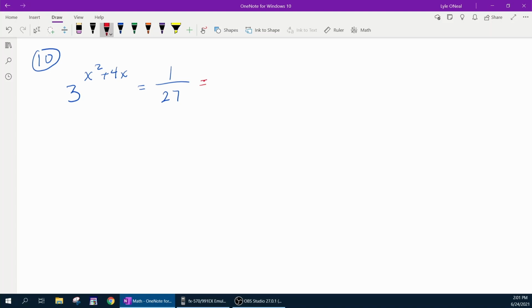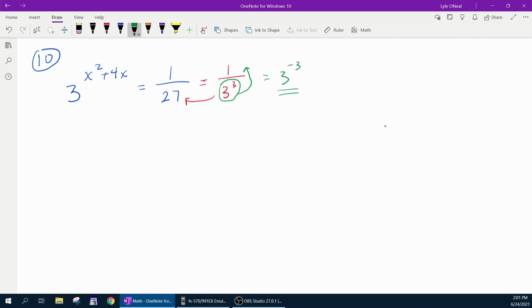So 1 over 27 can be rewritten as 1 over 3 to the third, because 3 to the third is 27. And then we have a property of exponents that says if you take and move the denominator to the numerator, moving the 3 to the third up, it's going to change the sign of the exponent.